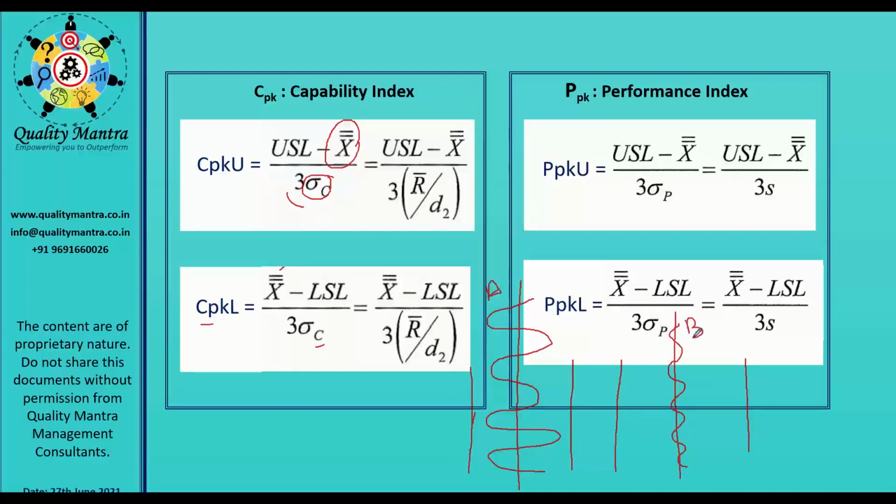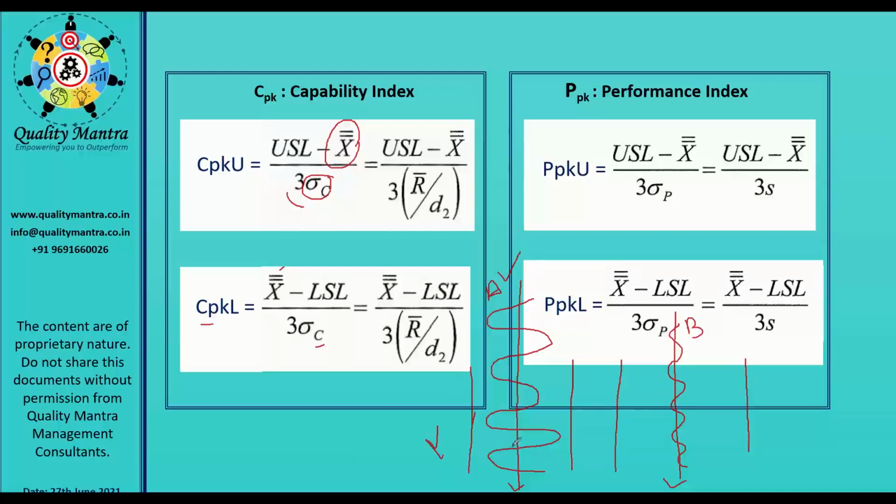Process A, the chances are more. Why? Because its capability, as you have calculated, is low. Average is the same, 100 in both, yet the capability is low. What could be the reason? The difference in standard deviation, because this process is varying too much.